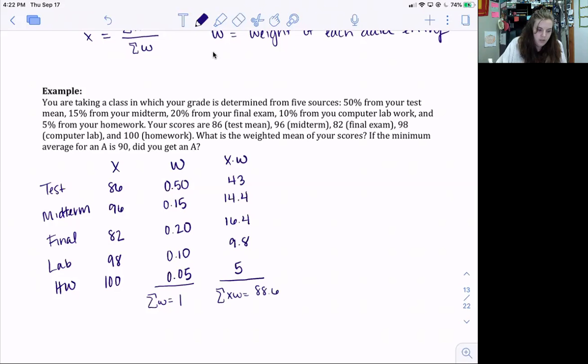So if we find our weighted mean, we're going to take 88.6 divided by 1, which gives us an 88.6%. So if the minimum average for an A is 90, did you get an A? No, you did not.